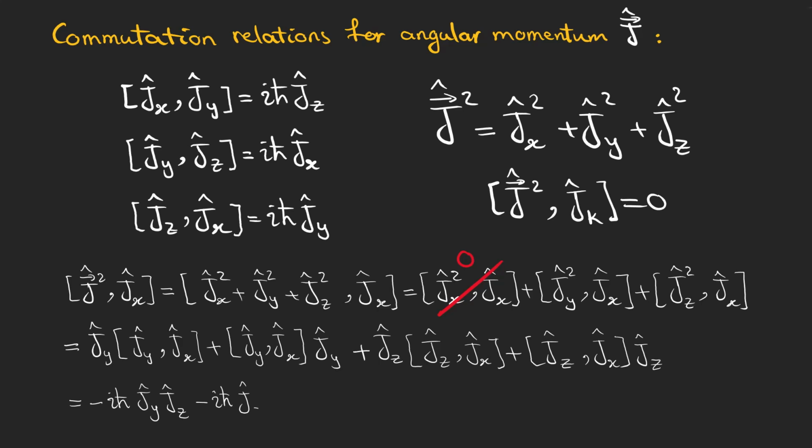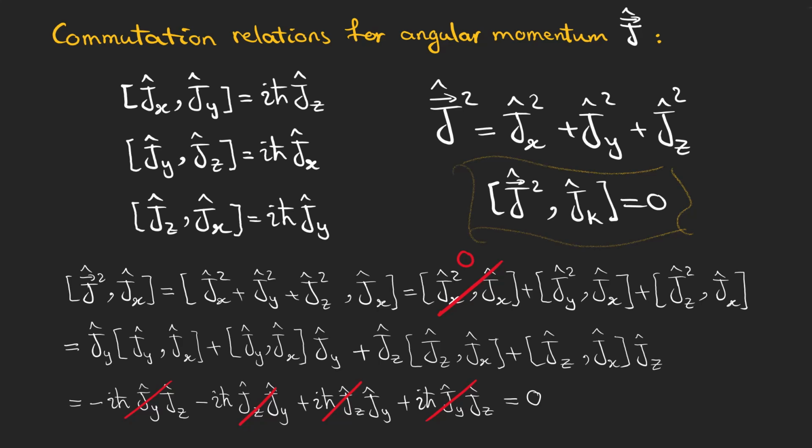For the next term, we know that the commutation of Jy and Jx is minus iħ Jz, and we can write it like this. And for the next term, we can write it as iħ Jz Jy. And finally, the last term becomes iħ Jy Jz. As you can see, these two terms cancel out, and also these two terms cancel out, and we have 0. So we can say that J squared commutes with Jx, Jy, and Jz.